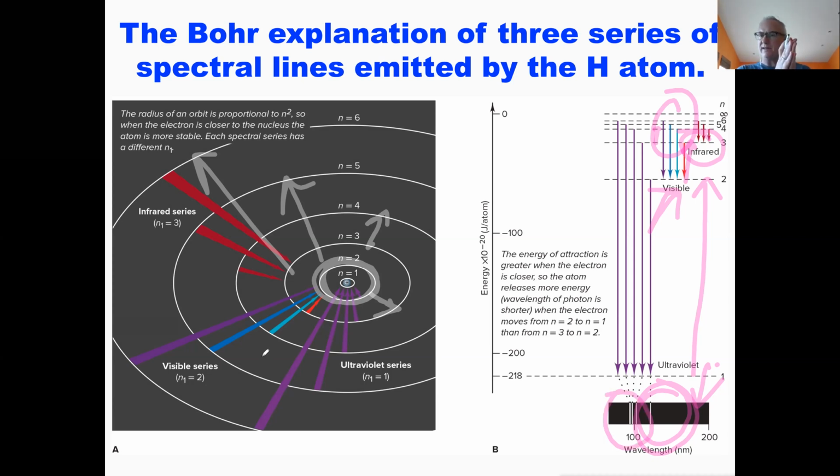So basically what they saw were these patterns of wavelengths all grouped together. There'd be a group here in the ultraviolet, and then a group here in the visible, and then a group down here in the infrared, all packed together. And Bohr explained it by the distances from the nucleus.